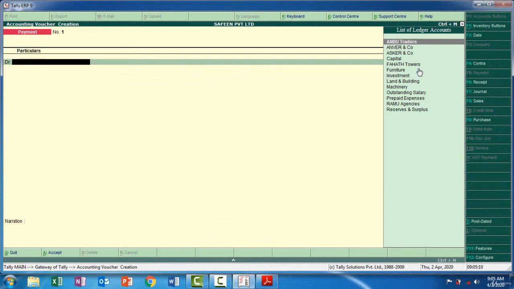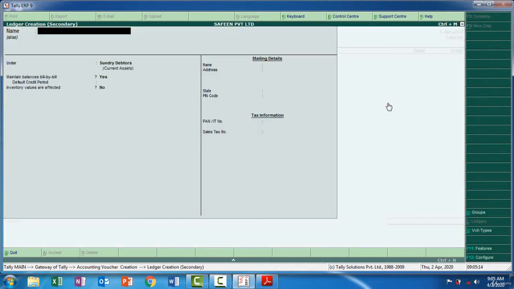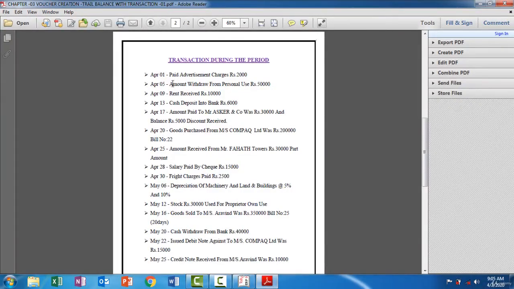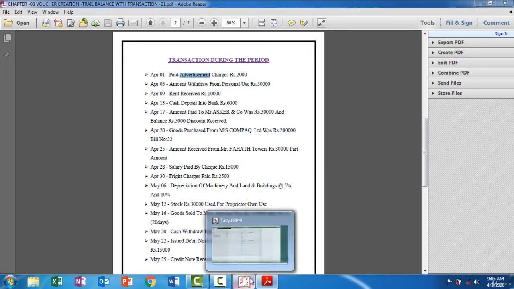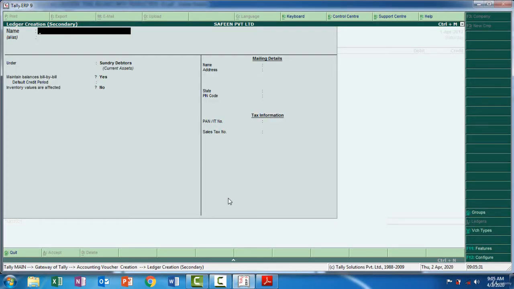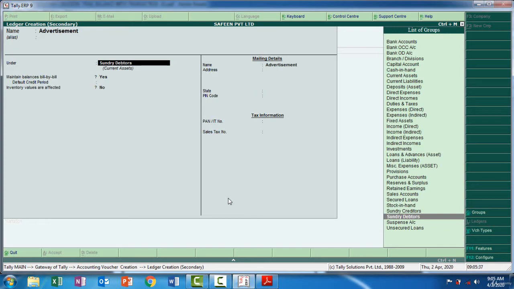There is no advertisement in the ledger, so I need to create it. Alt plus C opens the ledger creation window. I type the name advertisement. It comes under indirect expenses.